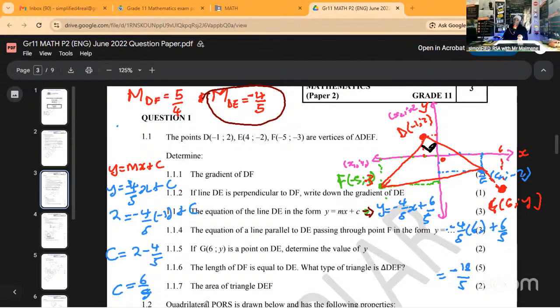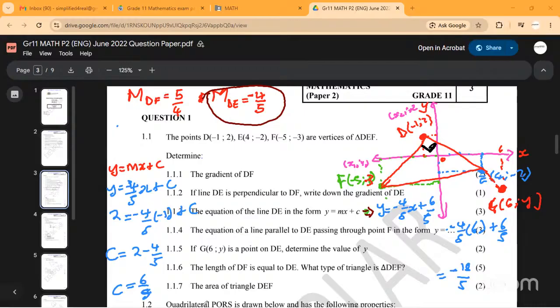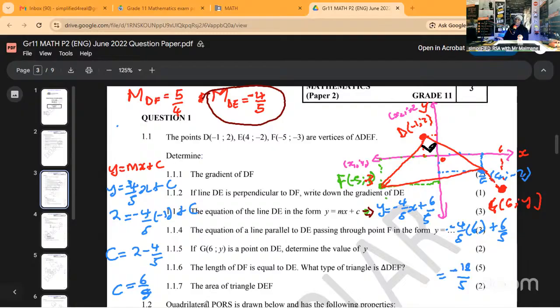Because if DF is equals to DE, what type of triangle is that? Isosceles. Isosceles triangle. And would we really get 5 marks for just saying that? I think there's more to it. Do we have to prove it? I think we have to determine it. We have to prove it.